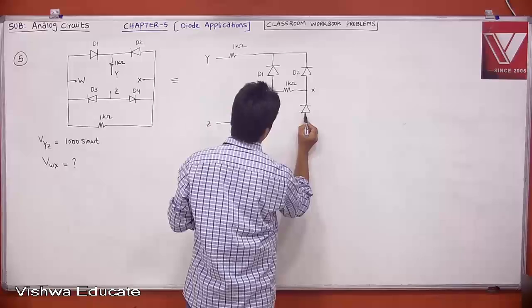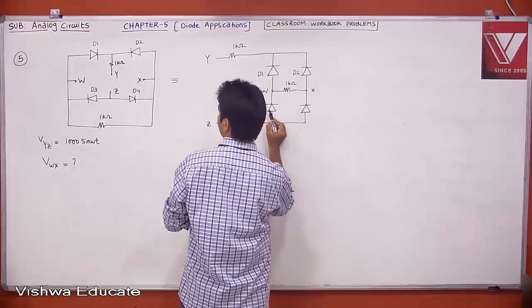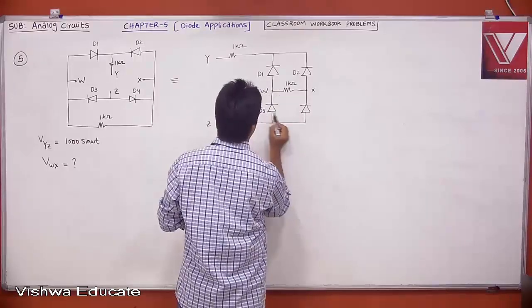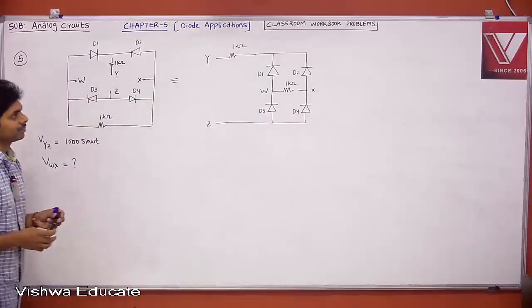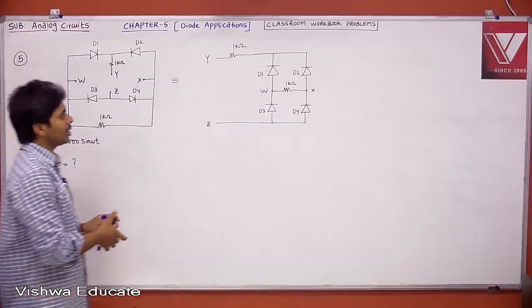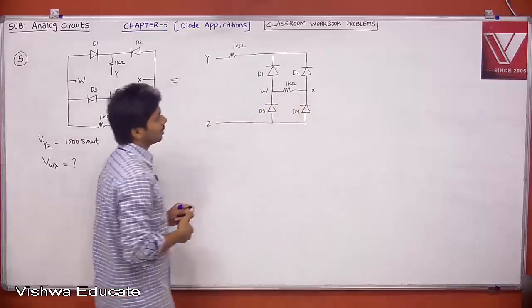This is your circuit, D3 and D4. Both are the same. If you know the voltage across this 1 kilo ohm, the problem is over.